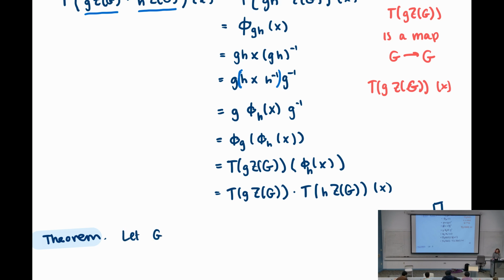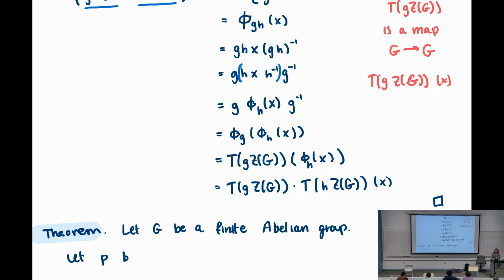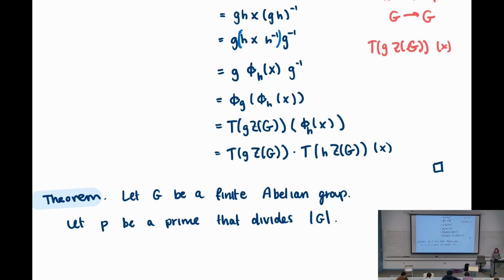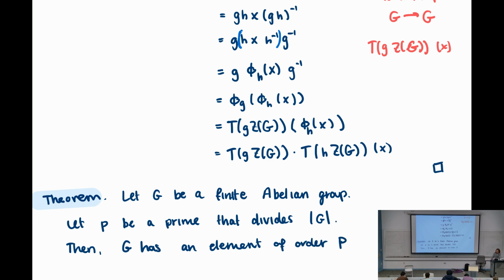We're going to let G be a finite abelian group, and we'll let p be a prime that divides the order of the group G. Then this theorem says that G has an element of order p.